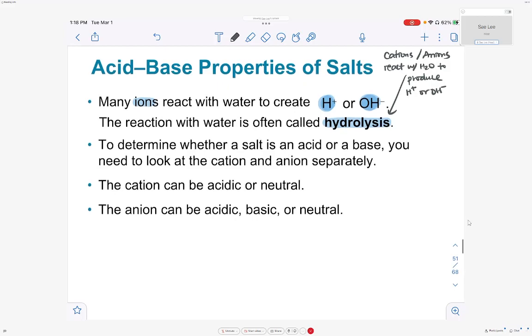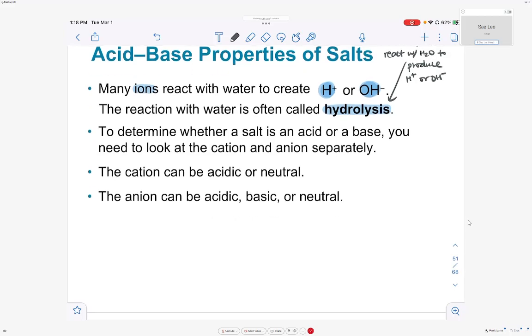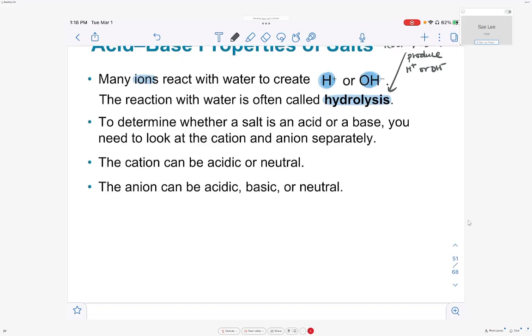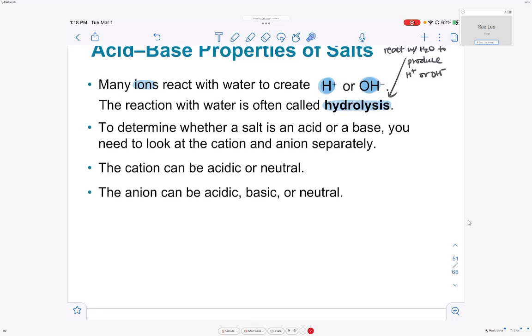Any salt dissolved in water is going to be in dissociated ionic form. If this dissociated ion reacts with water to increase proton concentration, it is considered an acid. If it reacts with water to increase hydroxide concentration, again, it's considered a base.